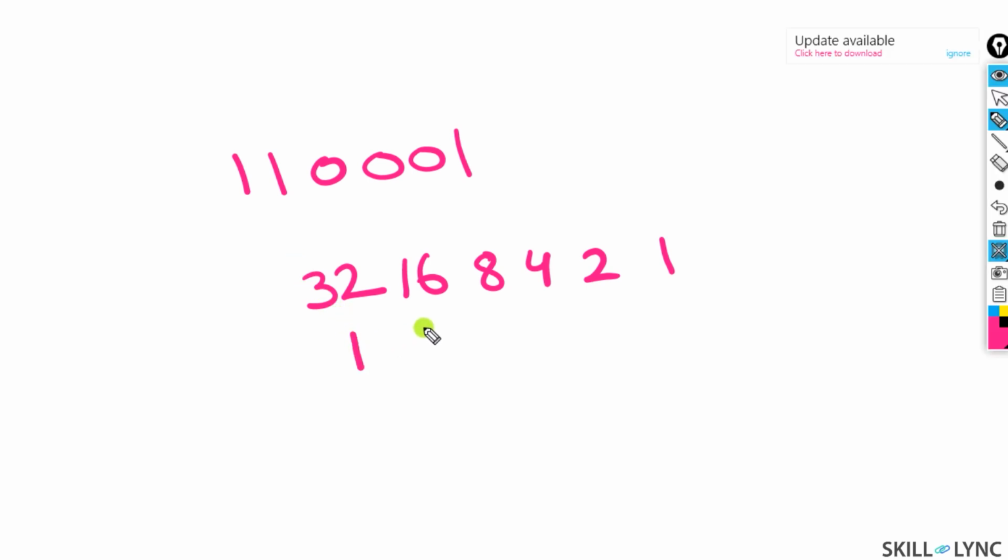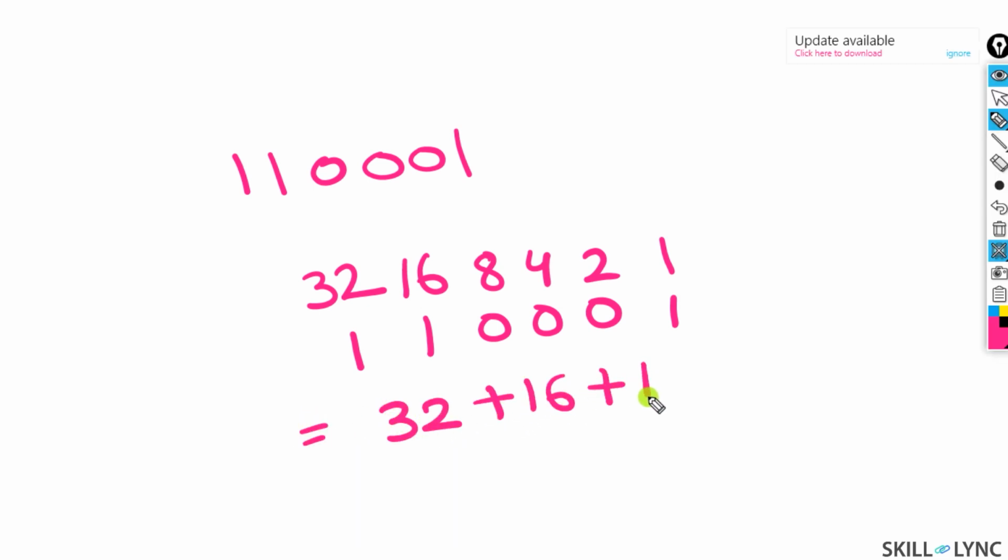Now you write 1 1 0 0 0 1. So the answer will be 32 plus 16 plus 1, which is 49. Simple thing is, where 1 is there, just note down those values. 32 plus 16 plus 1 is 49, so 49 is the answer.